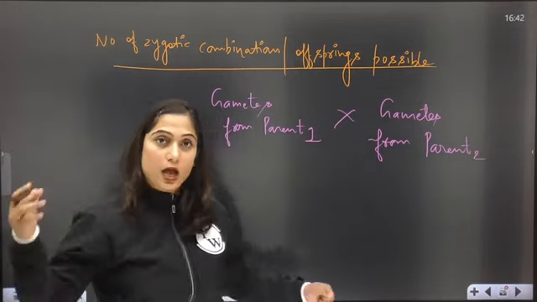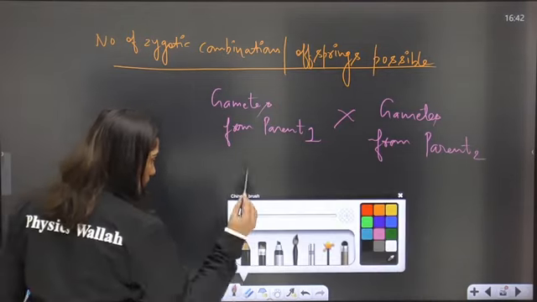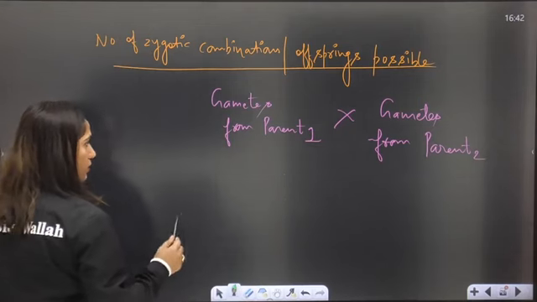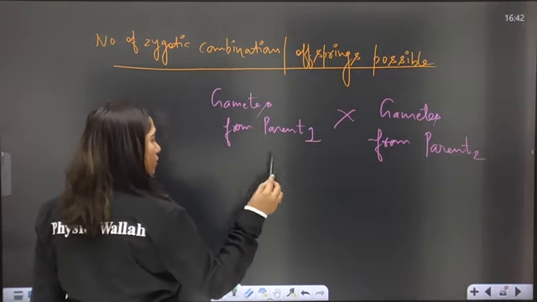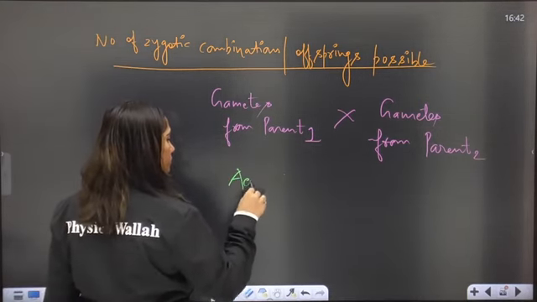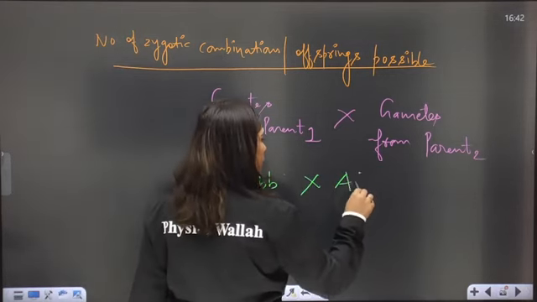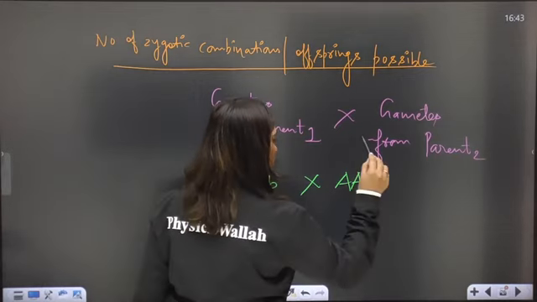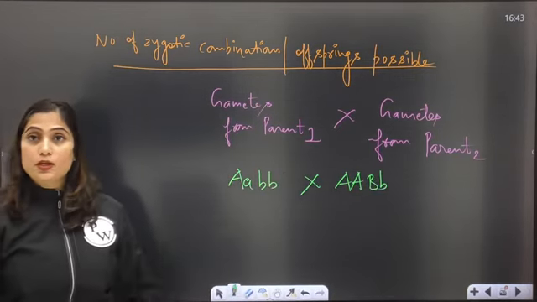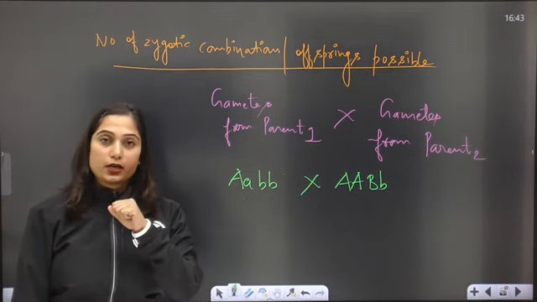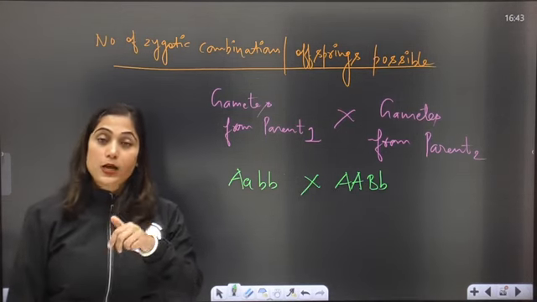Let's apply this formula with the help of an example. Suppose I'm taking 2 parents. The genotype of one of the parents is this, and the genotype of the other parent is this. We have to calculate, if these two are the parents, the number of zygotic combinations of offspring possible.